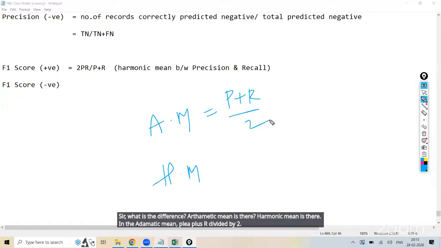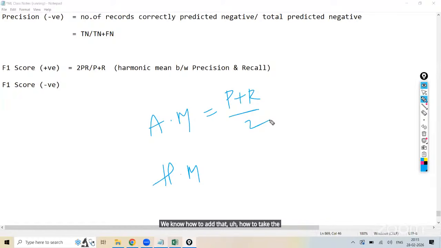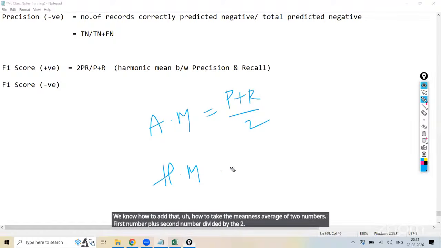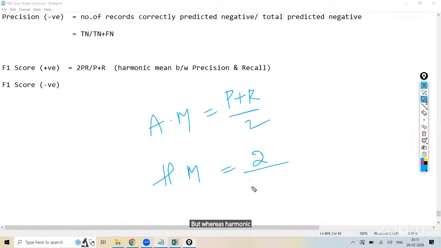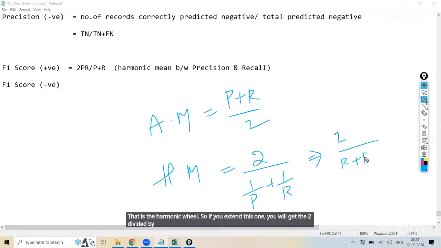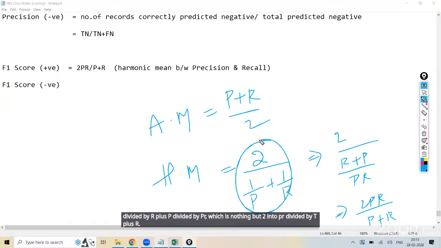We know how to take the mean, meaning the average of two numbers: first number plus second number divided by 2. But harmonic mean is 2 divided by 1 by P plus 1 by R. If you extend this, you will get 2 divided by (R plus P) divided by PR, which is nothing but 2 into PR divided by P plus R. This one and this one are both the same.